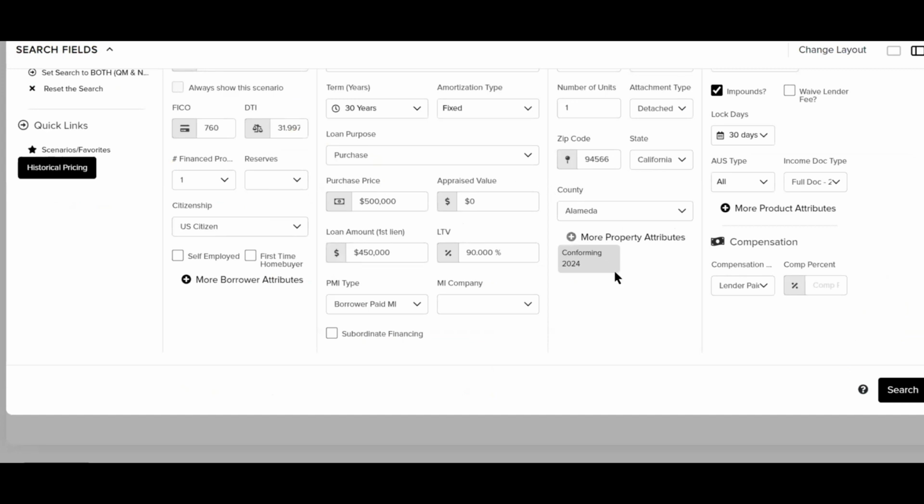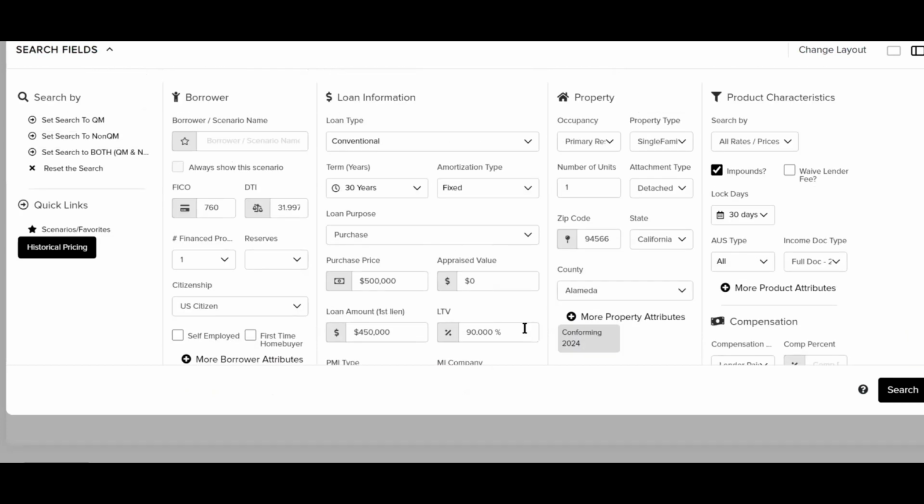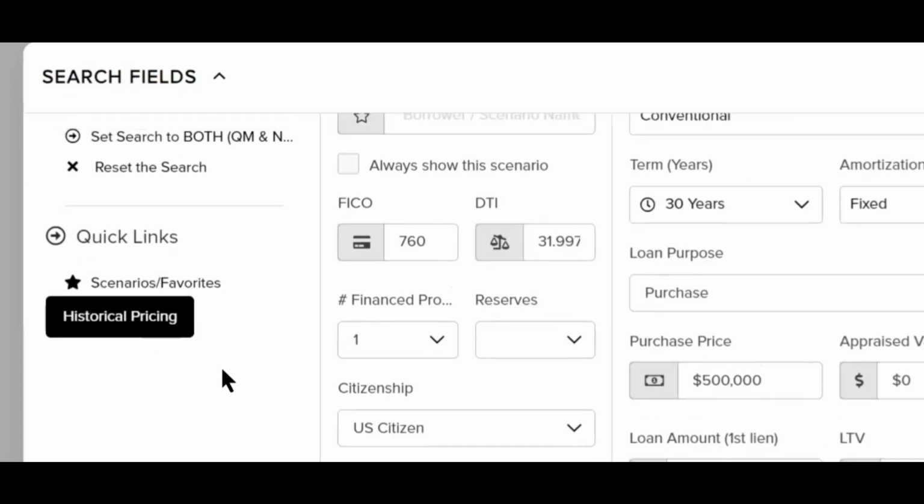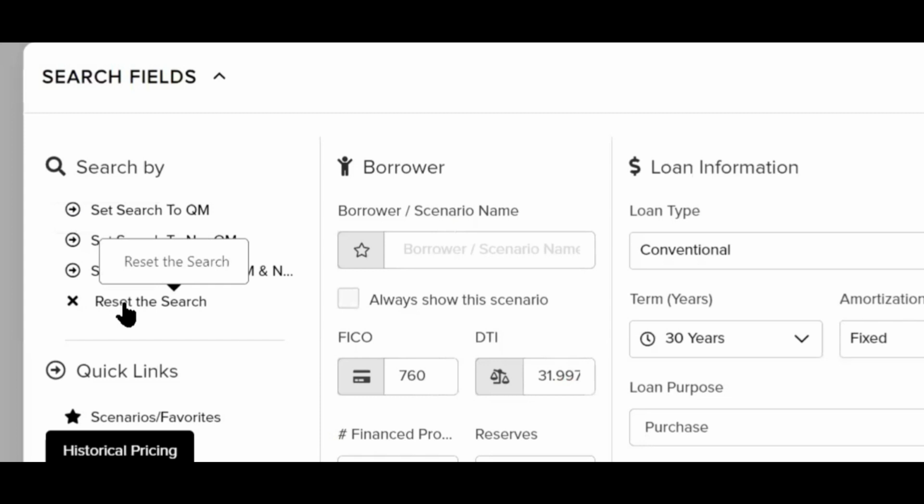Now, I want to mention that with the pricing engine, if you've put in different borrower attributes, property attributes, or loan attributes, something that is affecting what you're seeing in the pricing engine, it's a good idea to just reset everything. If I click this button over here that says reset the search, it's going to go back to an 80% loan to value.